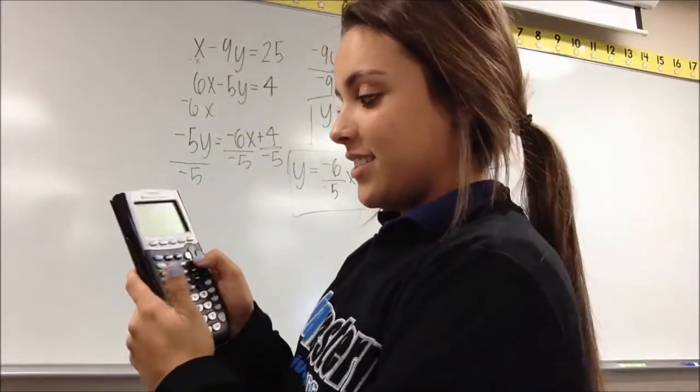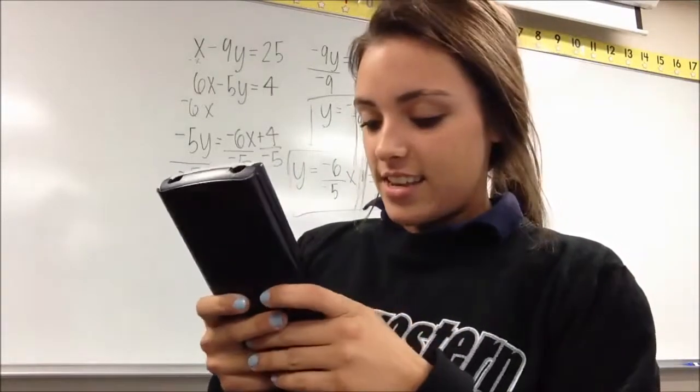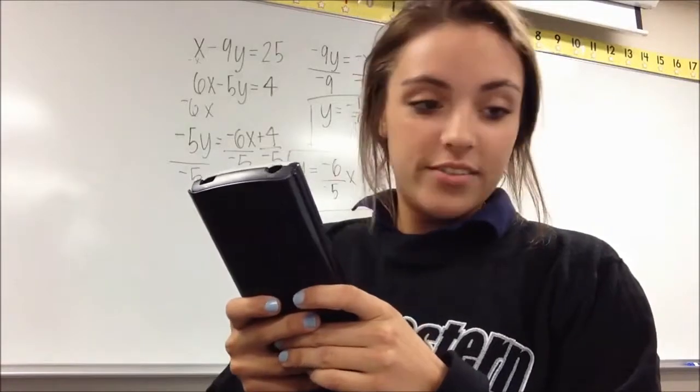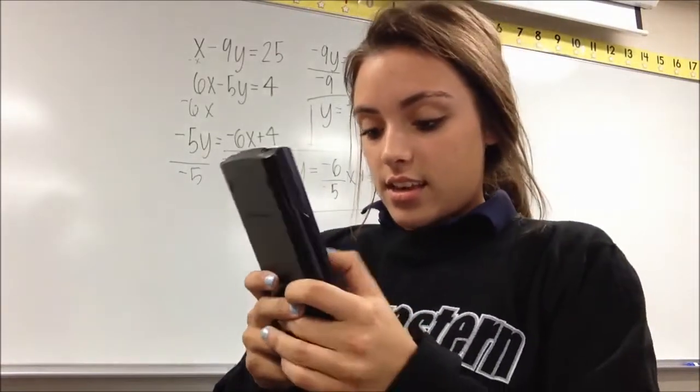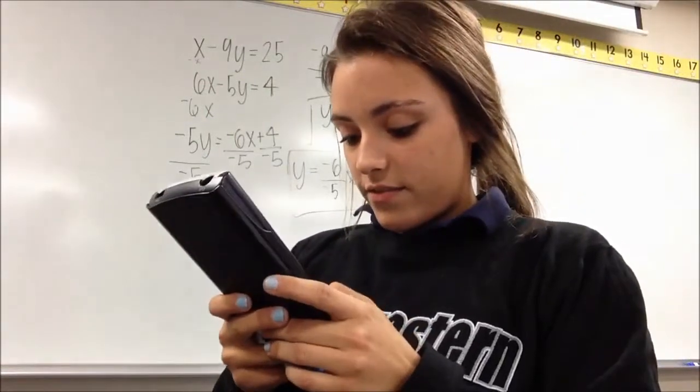Then go enter to the second one, and that is negative 6 divided by negative 5x plus 4 divided by negative 5.